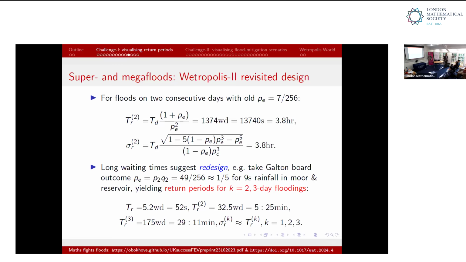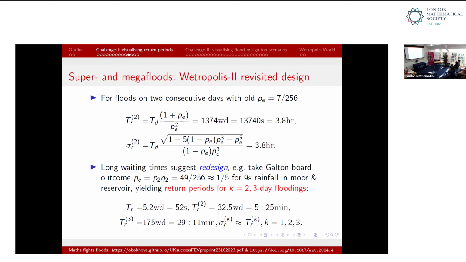That suggested the V design, which really came about when I was at the Isaac Newton Institute event which Jochen organized in Reading 2 years ago, namely to take another value of PE to have more variety in the model. So I took the probability 7 over 16 squared.